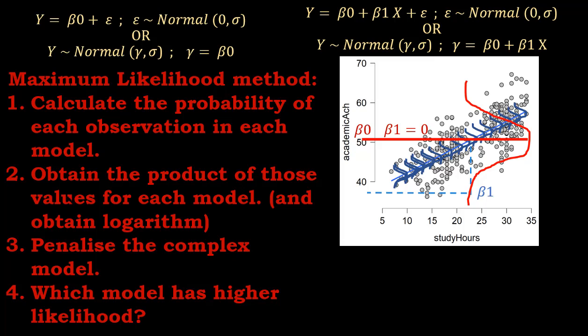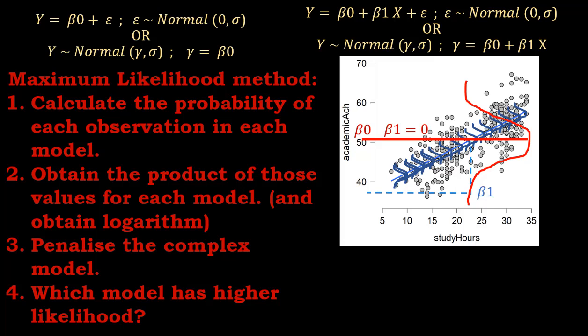I'm not going to show you, but we use methods like the Bayesian information criterion or the Akaike information criterion. It doesn't matter. The idea is that they penalize for using an extra parameter. So you add an extra parameter, it gives you some penalization, and then you have to add that to this product of values that you had with the logarithm.